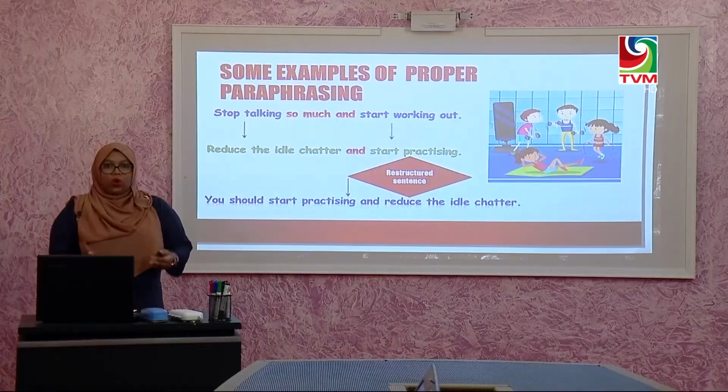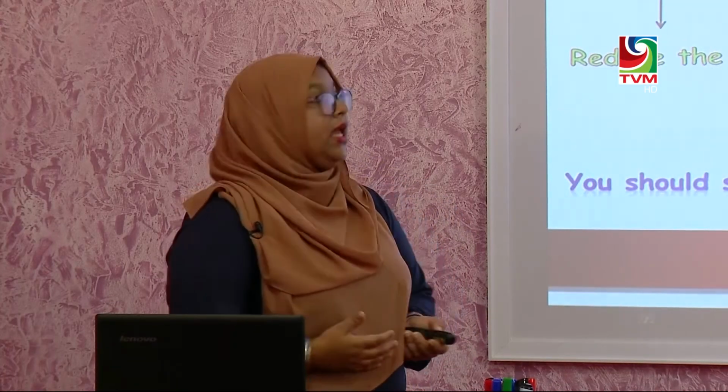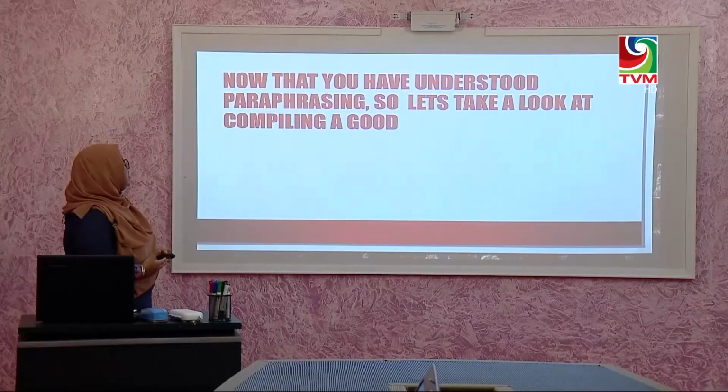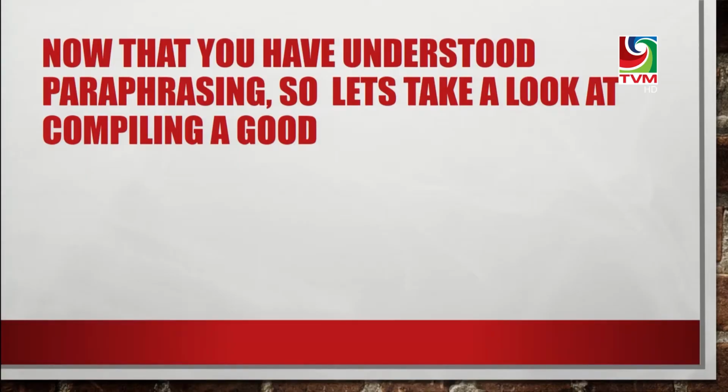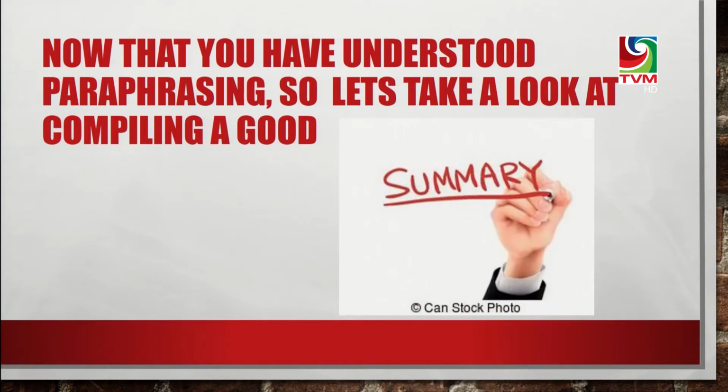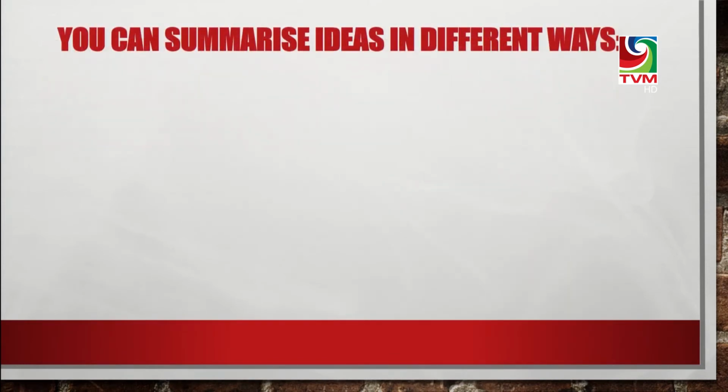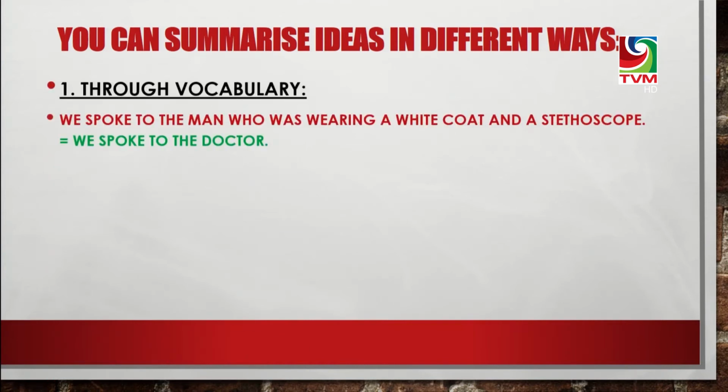Now that we know how we can paraphrase successfully and properly, we have to see how to compile a good summary. In order to do this, there are certain techniques that you can follow, such as through vocabulary. For example, we spoke to the person who was wearing a white coat and a stethoscope.